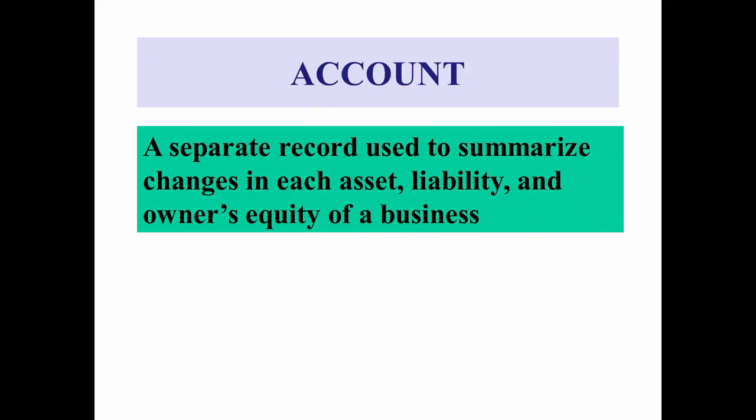An account is a separate record used to summarize the changes in each asset, liability, and owner's equity of a business. So I'm going to have a separate account page for the cash, i.e. the checking account, a separate account page for the merchandise inventory, a separate account for the equipment, etc.